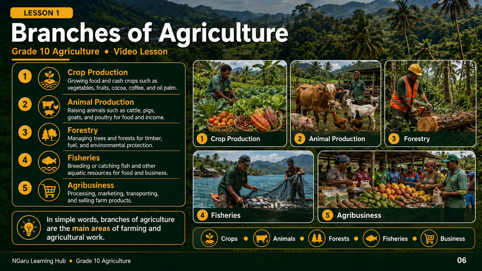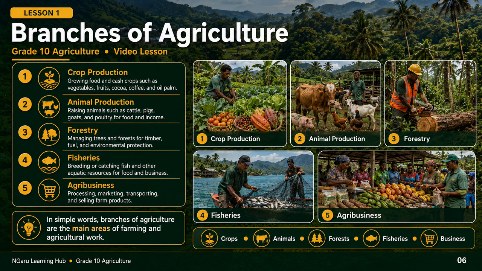There are several main branches of agriculture. Crop production is the growing of food and cash crops such as vegetables, fruits, cocoa, coffee, and oil palm. Animal production is the raising of livestock such as cattle, pigs, goats, and poultry.